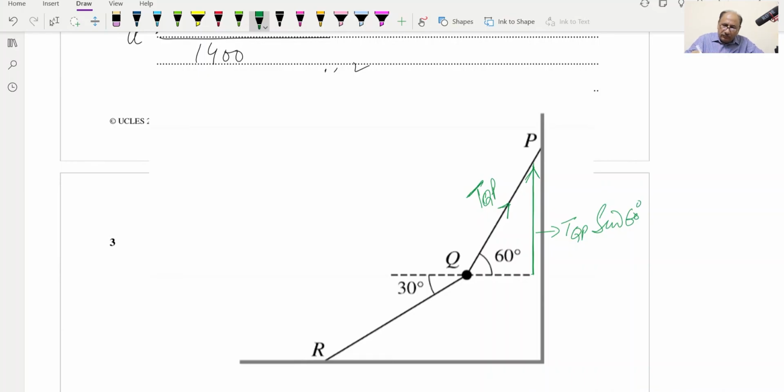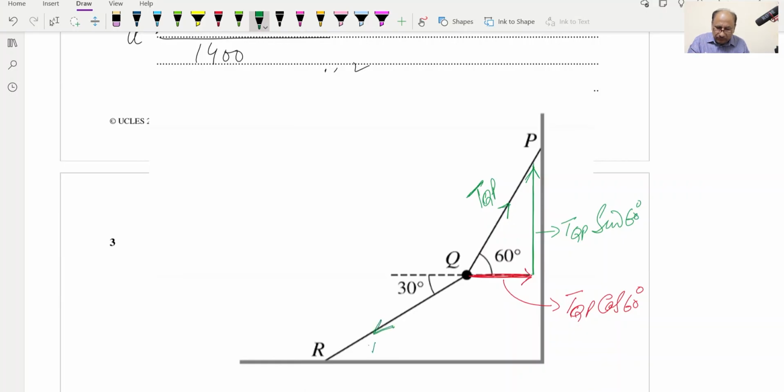And the x component of the same tension will be this one. So this is basically the x component of this tension. We will write it as TQP cos of 60 degrees, and the direction will be right side. Similarly, we can understand the other tension which is over here.